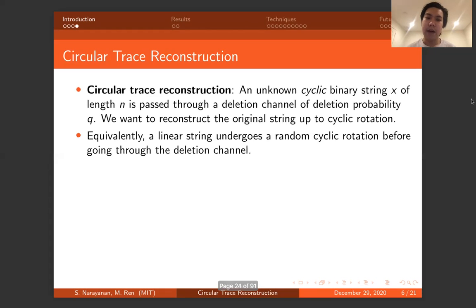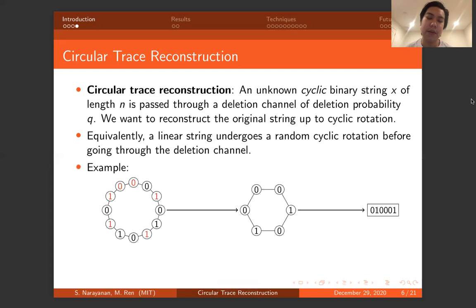Equivalently, it's linear trace reconstruction, except the string will undergo a random cyclic rotation before entering the deletion channel. So we can just pick an arbitrary point in the circle to start the string.